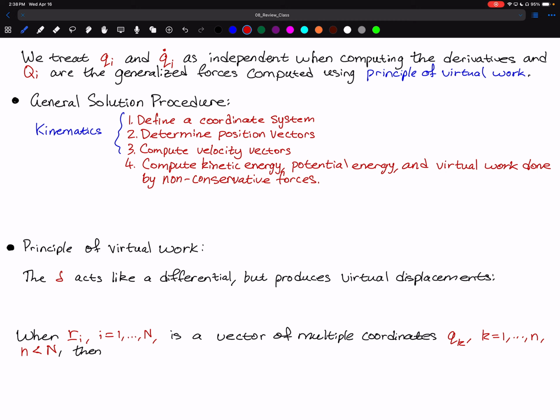From here, we can go and compute our Lagrangian. And then 6, we're going to apply Lagrange's equation.